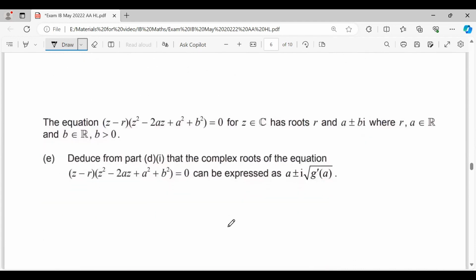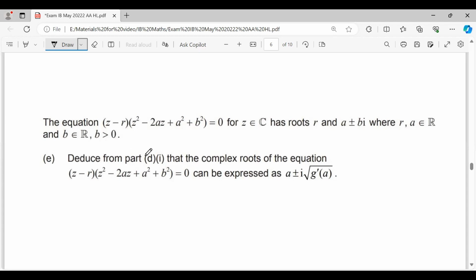The equation (z minus r) times (z squared minus 2az plus a squared plus b squared) equals 0, for z an element of the complex numbers, has roots r and a plus or minus bi, where r and a are real and b is greater than 0.